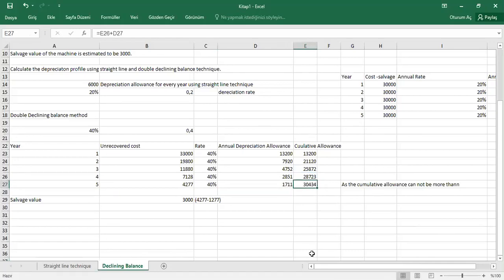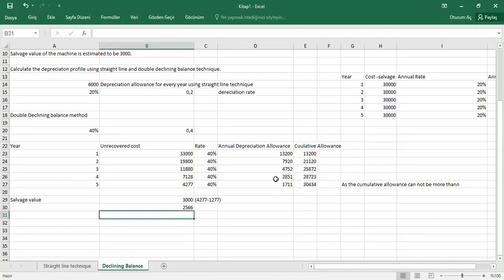This will be your cumulative allowance. So you are allocating more than what you should allocate in terms of what is given in the question, actually. And your salvage value then should be this minus this, which will provide you something less than $3,000.